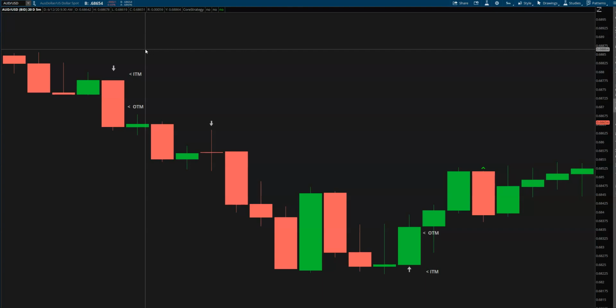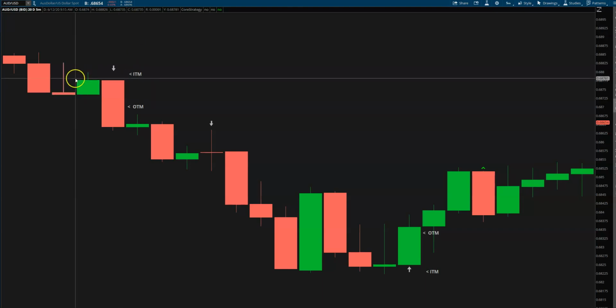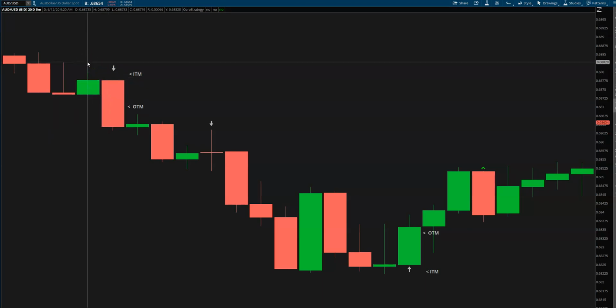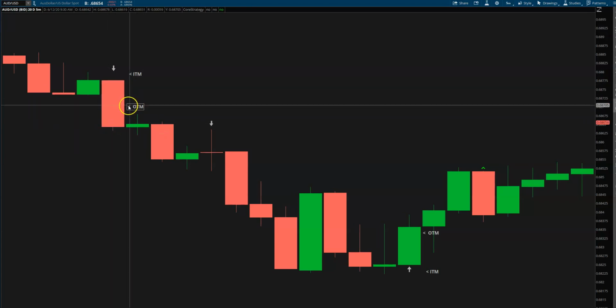And unless you know the size of the move, there is an option that's really not the best one to trade. If I see that the market's going to open and then have a strong move down, I want to be selling an out of the money. An out of the money is always where you're going to get the best premium. It's never going to be in the money.